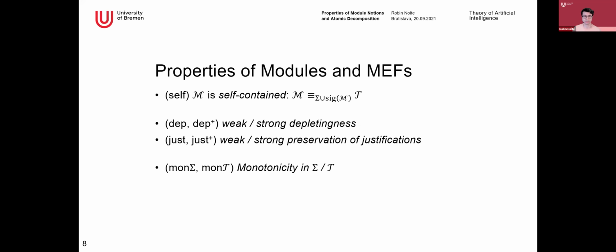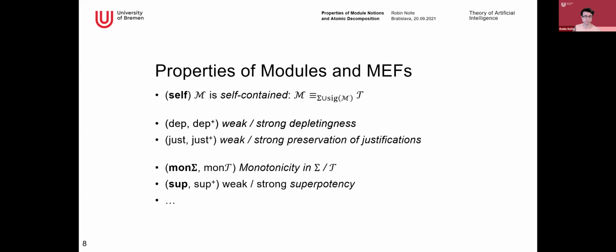A module extraction function can be monotonic in the input signature or the input T-box. Weak and strong superpotency are just used for atomic decomposition. And there are a lot of other properties. The ones we focused on are the ones that are important for atomic decomposition, and these are self-containment, monotonicity in the seed signature, and superpotency.